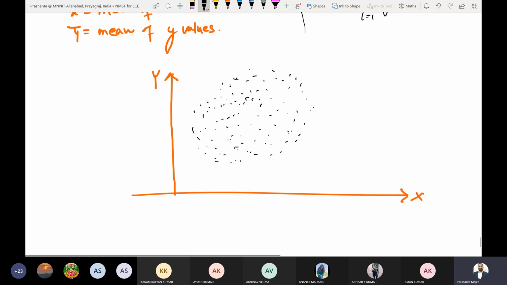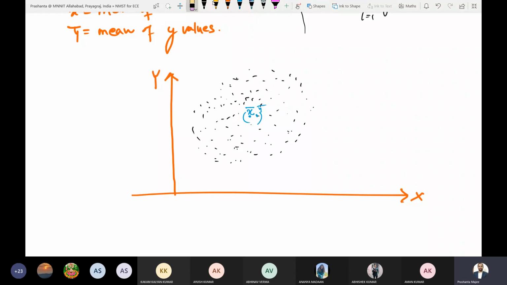So first what will you do, take its mean. So suppose mean is at this point, x bar, y bar. Okay, these two data, suppose they are the mean. Okay, we know the x values.